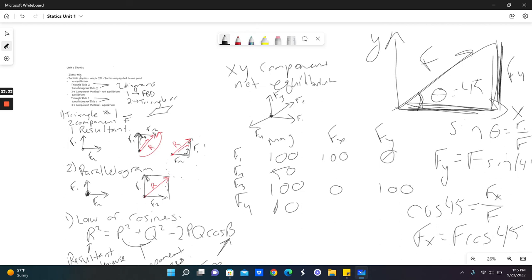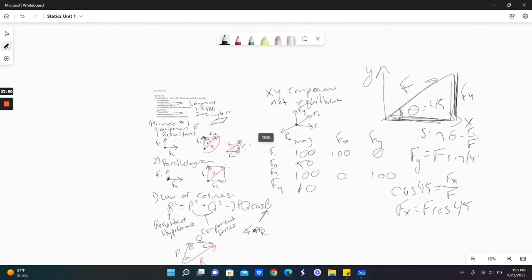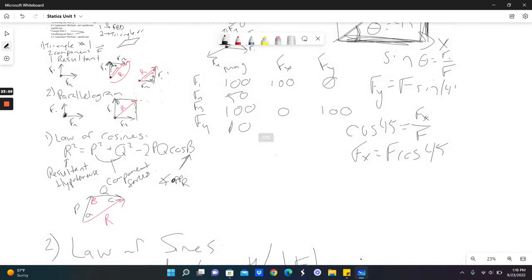So I mentioned in class that we can do this as long as the angle that we use is from the x-axis.